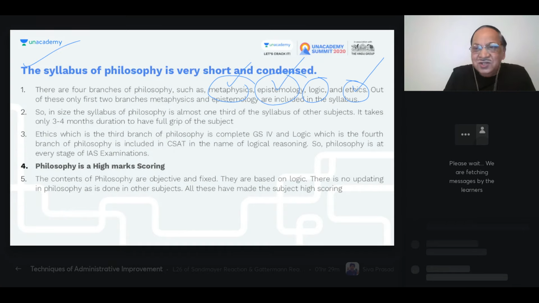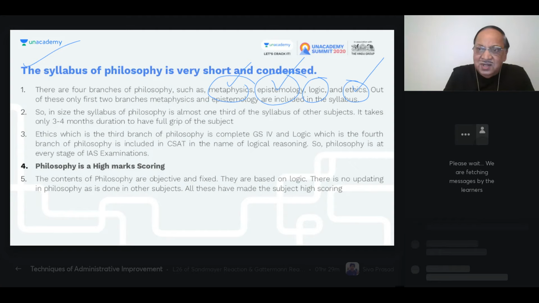Because this is the branch of philosophy, my dear students, you just know that this is total. Even in that paper, there is one independent unit, philosophy and moral philosophy of both East and West.